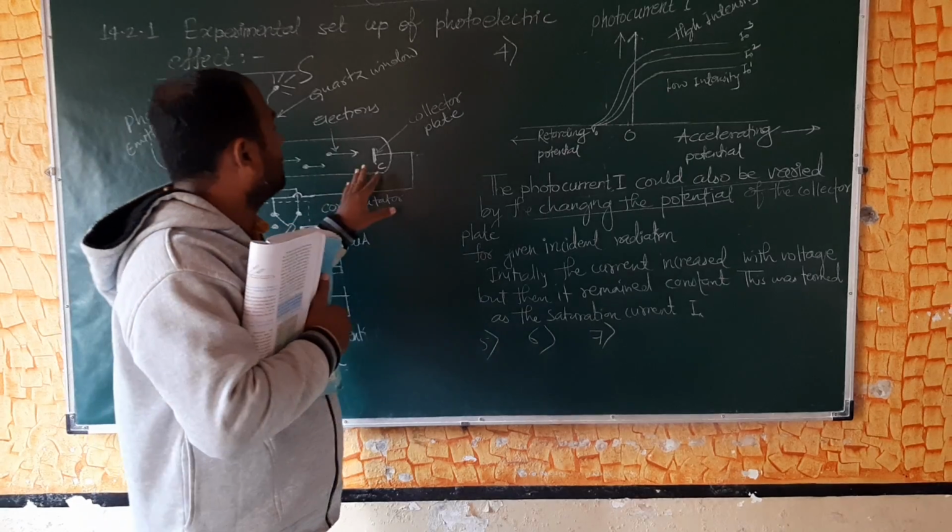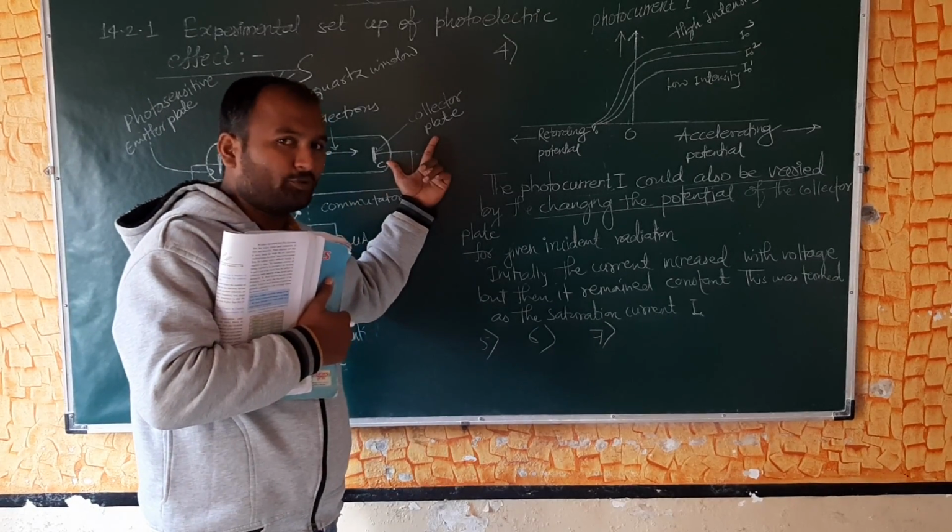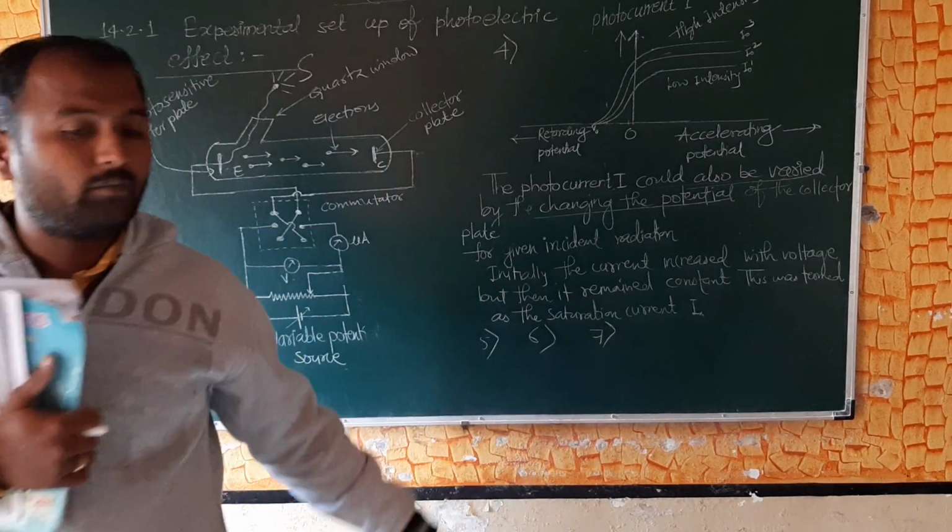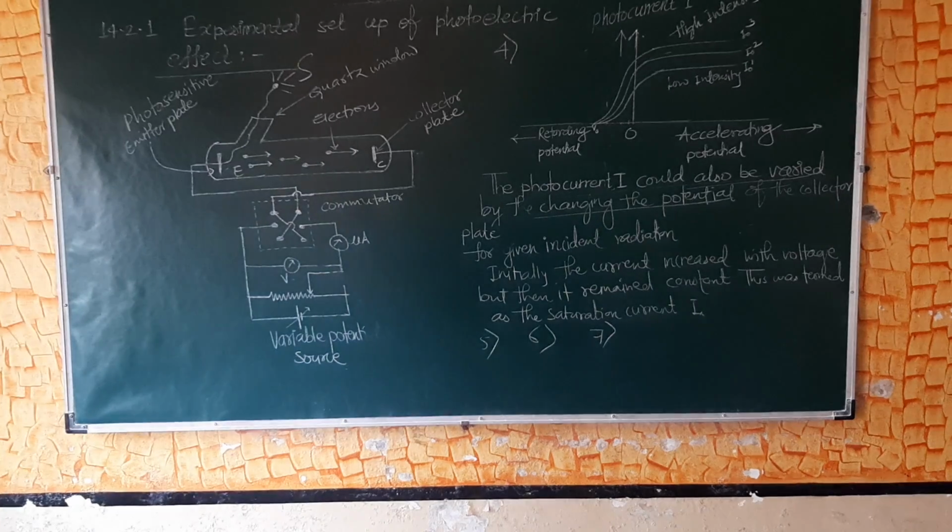Here the collector plate is positive at first, but by using the commutator we change its polarity, which makes it a negative potential.